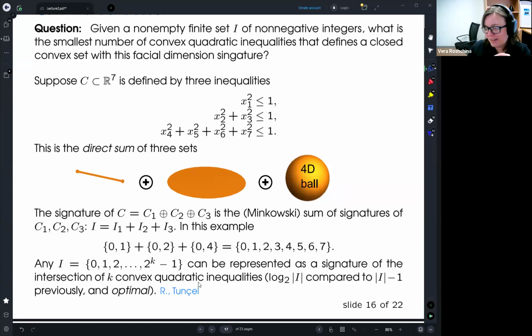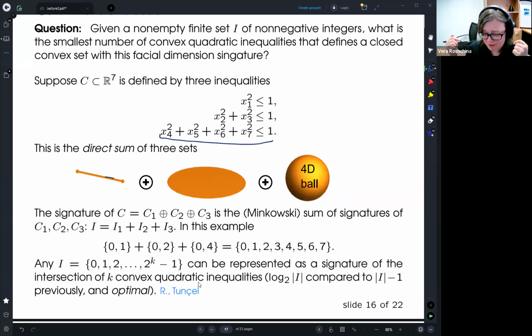The first one is on the first coordinate, x1 squared less or equal to 1. I actually get a line segment, but only in that 1-dimensional space. The second one will be a disk, but it will be living in its own 2-dimensional space, right? Not embedded in 7-dimensional space. And the last one will be a 4-dimensional ball.